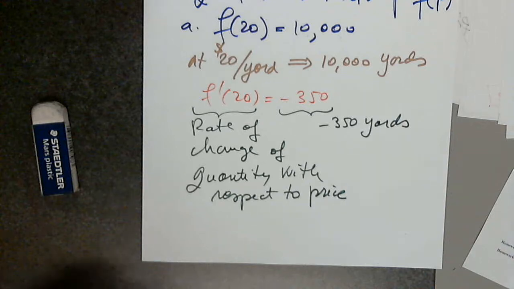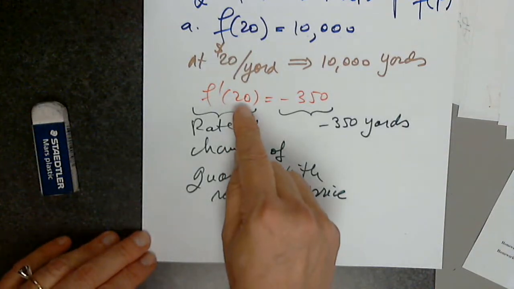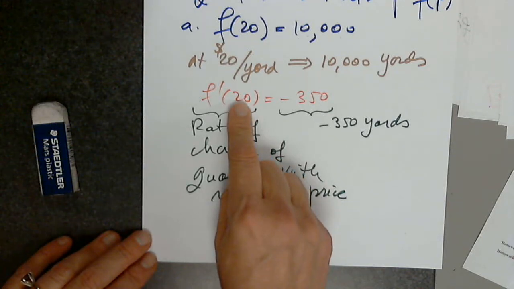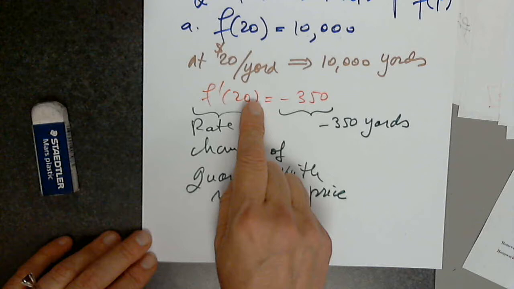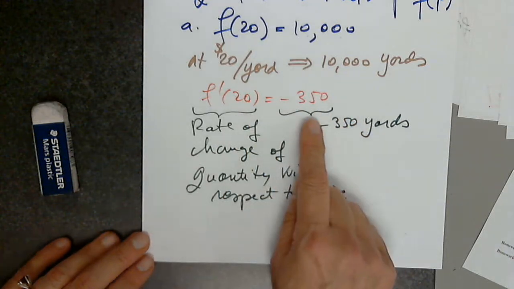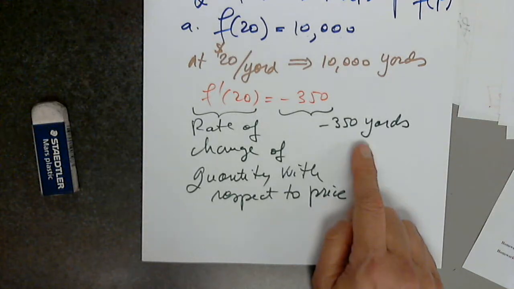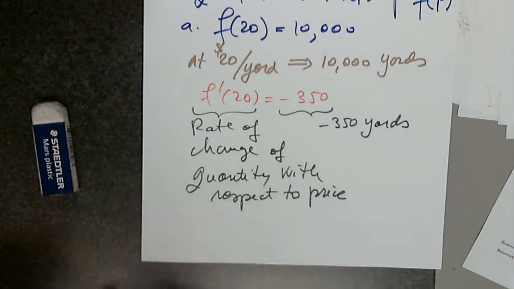Here's how we interpret it. If the price increases from 20 to 21, what will happen to the quantity sold at that price? It will decrease by 350 yards. So let's write this down.